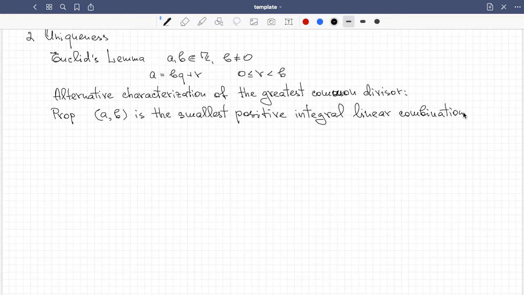That was the smallest integer of the form au plus bv with u and v integers, the smallest positive integer of this form.